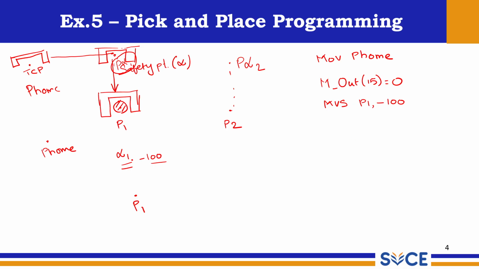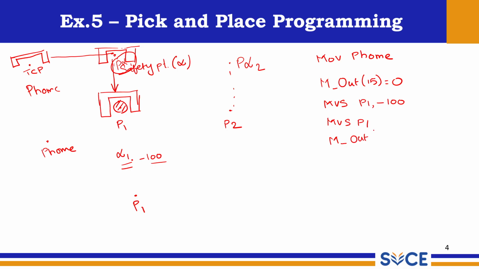So now we know the gripper is open, it is above the safety point, and now what is the next thing? It should decelerate to P1, move S, that is MVS P1. Now the robot hand will come there. So after coming over here, we want the robot to hold the part.